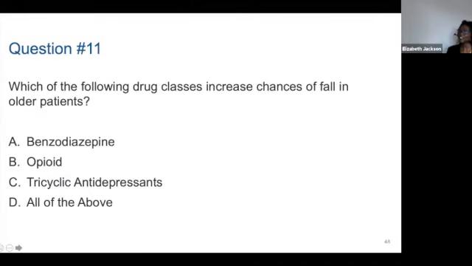Which of the following drug classes increases chances of fall in older patients? A, is it a benzodiazepine? B, is it an opioid? C, is it a tricyclic antidepressant? D, is it all of the above?